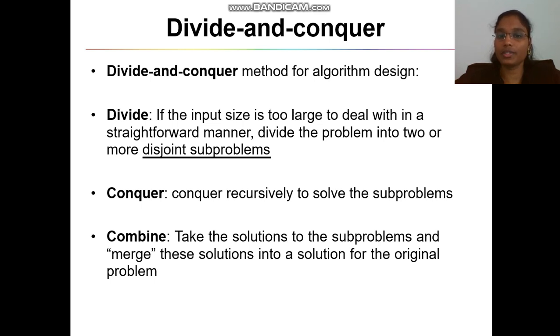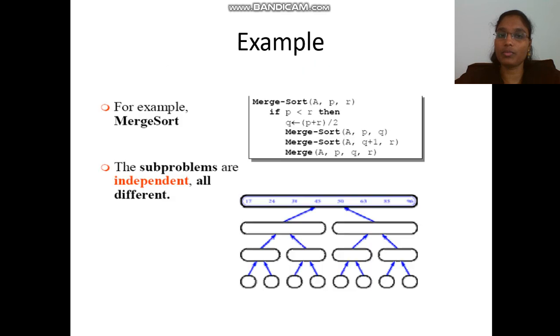If the size of the input is very large, then we can divide the problem into two or more subproblems which are totally disjoint, and then conquer recursively to solve the subproblems. Each subproblem is conquered separately, and then we take the solutions to the subproblems and merge them into a solution for the original problem.